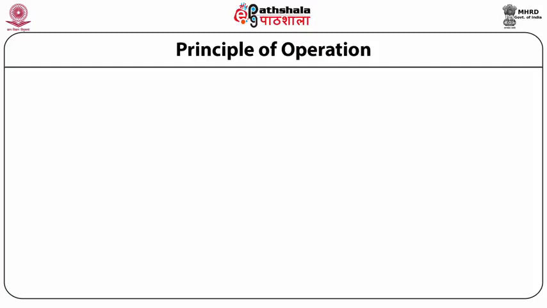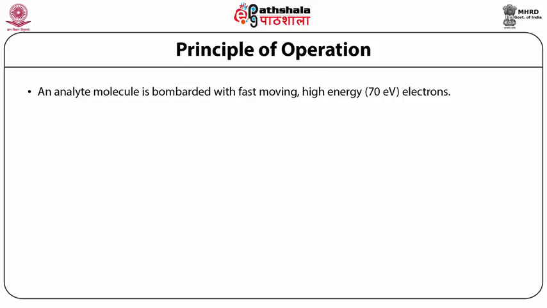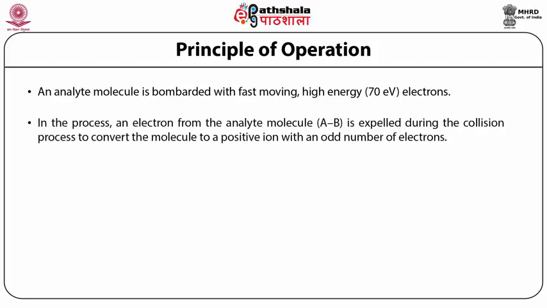This describes the principle of operation of electron ionization mass spectrometry. An analyte molecule is bombarded with a fast moving, high energy, that is 70 electron volt, electron beam. In the process, an electron from the analyte molecule, say AB, is expelled during the collision process to convert the molecule to a positive ion with an odd number of electrons.